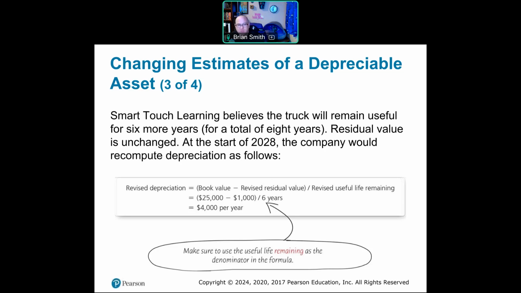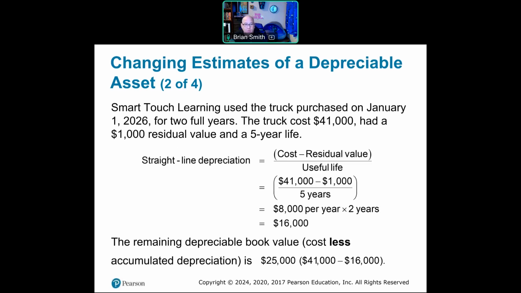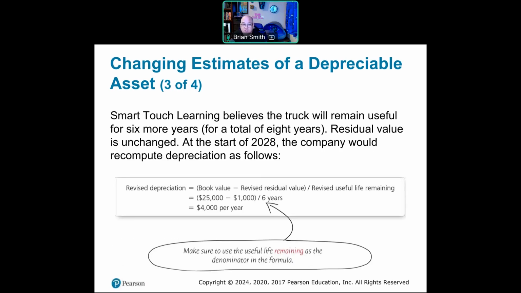And then you subtract out the revised residual value. If it's revised, I think it was the same as before, but it could have changed. If it did change, regardless, you still subtract it out. And then you divide it by whatever the remaining useful life is, 6 years in this case, not the 8 years, because we've already depreciated it for 2. So we're only depreciating it over another 6 years. That's going to give us our new amount.